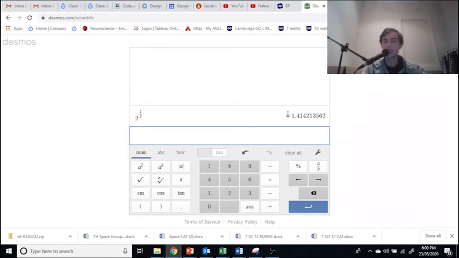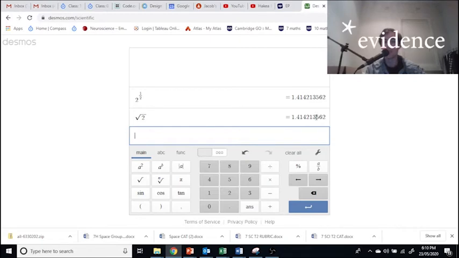So you can see from this number, hopefully you remember last time, this is an irrational number because it keeps going on forever. Anyway, 2 to the power of 1/2, and now I'm going to do the square root of 2. And you can see that they're exactly the same number. So that's proof. So this is a square root.